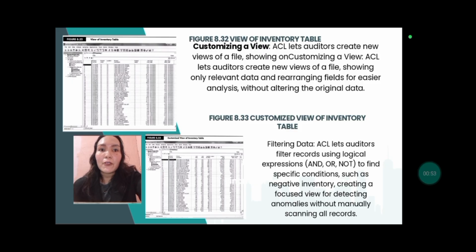This filtering functionality allows auditors to isolate specific data points such as identifying negative inventory levels. By creating these focused views, auditors can detect anomalies and improve efficiency without needing to manually scan through every record.